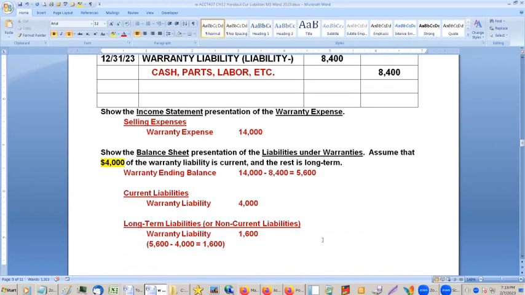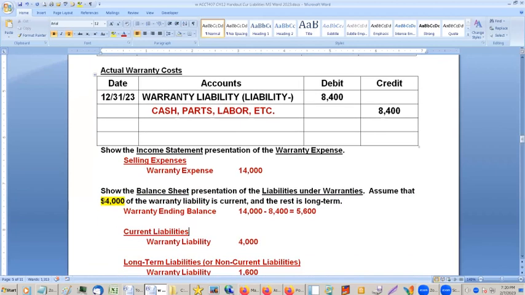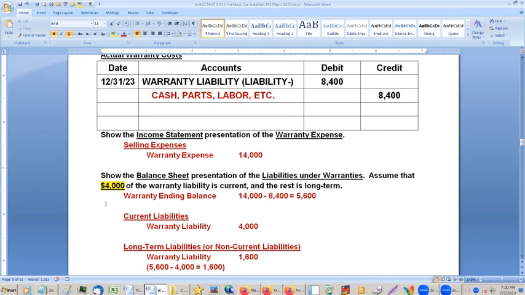Okay, any questions on that? Make sure you make this change, this shouldn't be 40,000, it should be 4,000. That was an error on my part.